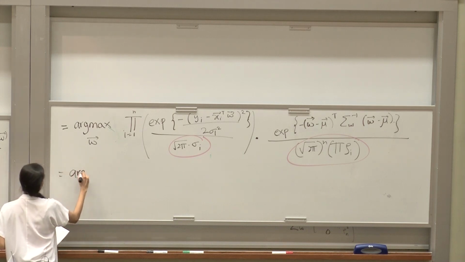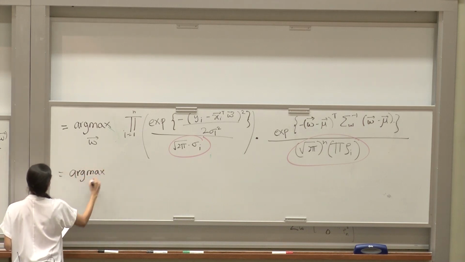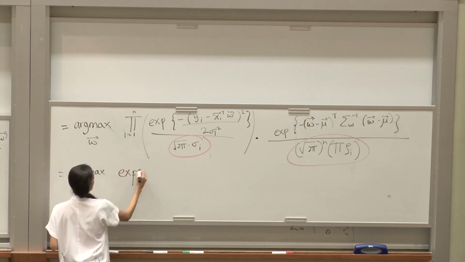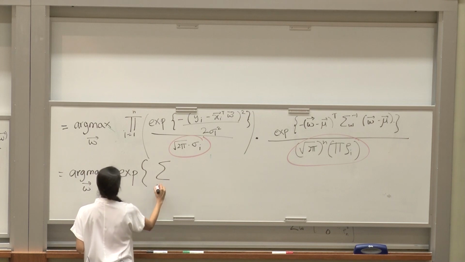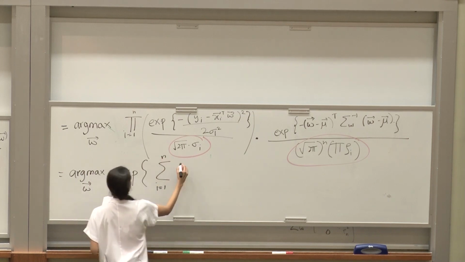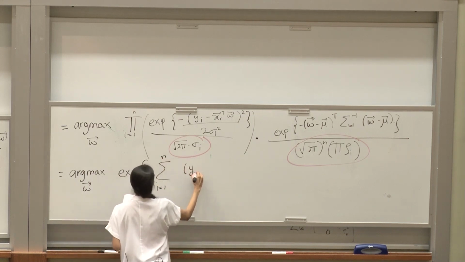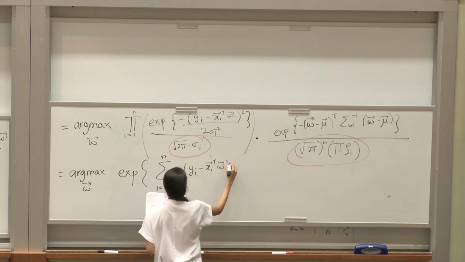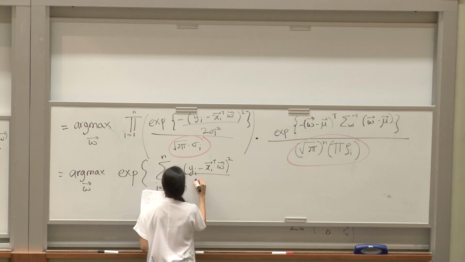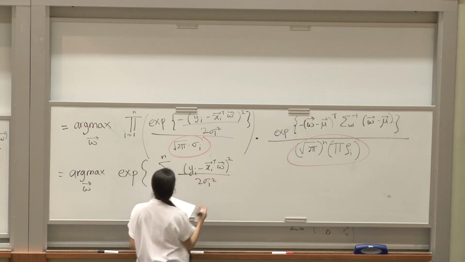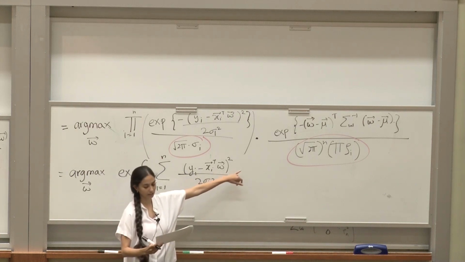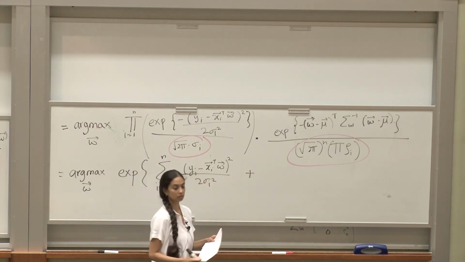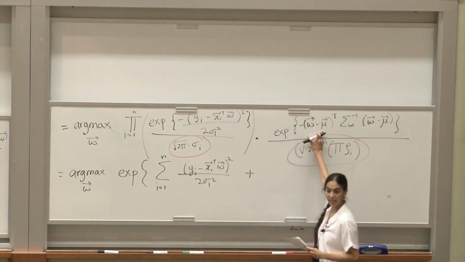So I can write this as argmax over W, the exponential of the sum over i going from 1 to n of (yi minus xi transpose W) whole squared divided by 2 sigma i squared. And now what am I going to add to it? Plus, I can just add this term.